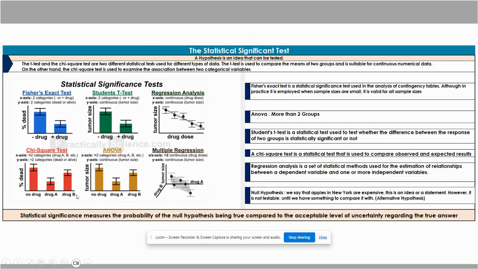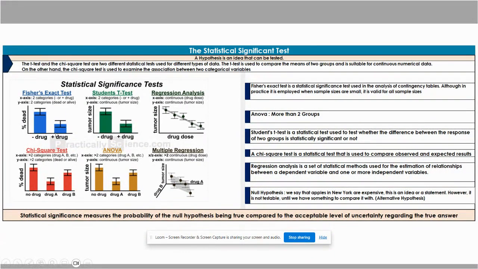And there is one more thing: what if you have x-axis greater than 2 and y-axis greater than 2, meaning you have more than two variables on both the x-axis and y-axis? Then your choice would be the chi-square test, where here we can see no drug, drug A and drug B across the percentage of dead or alive.